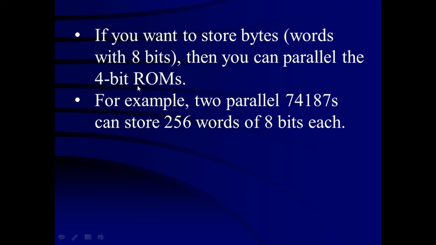So two 4-bit ROM ICs can be made parallel, and that means the word length increases from nibble to byte. For example, two parallel 74187s can store 256 words of 8 bits. So the address lines are 256 only, but there are 4 lines of one IC and 4 lines of the other IC. They will be combined, and a word length of a byte can be stored.